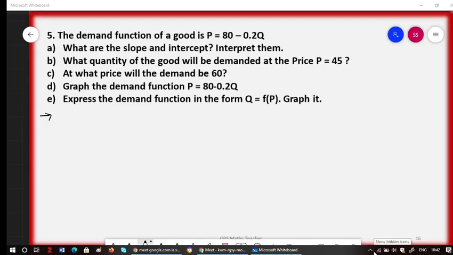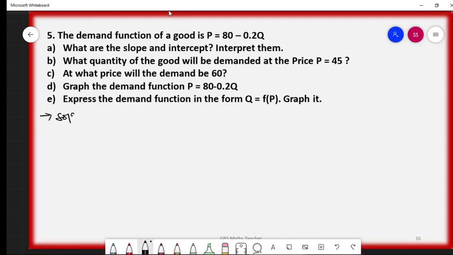Okay, dear students, we have to continue the problem. This is question number 5. The solution goes like this. Before the solution, let me highlight the question. The demand function of a good is P equal to 80 minus 0.2 Q. What are the slope and intercept?